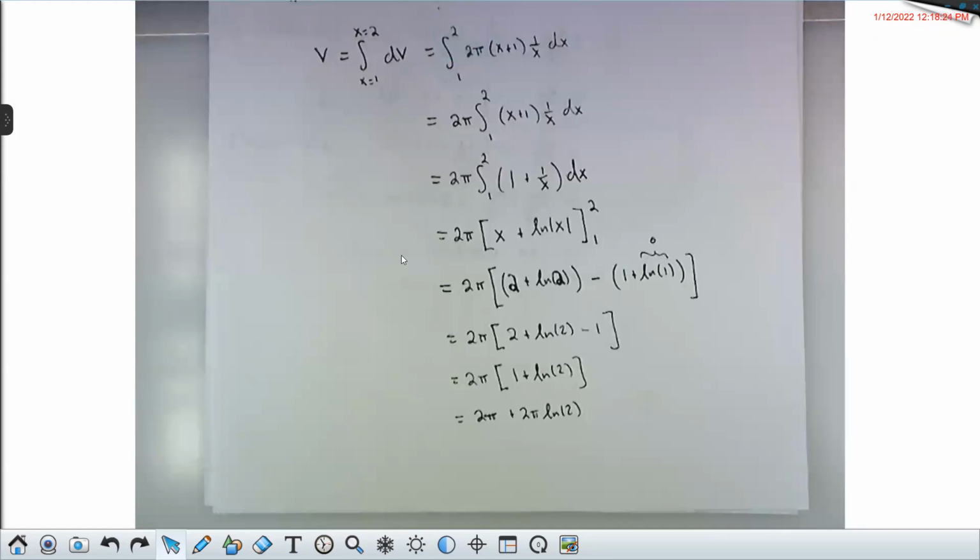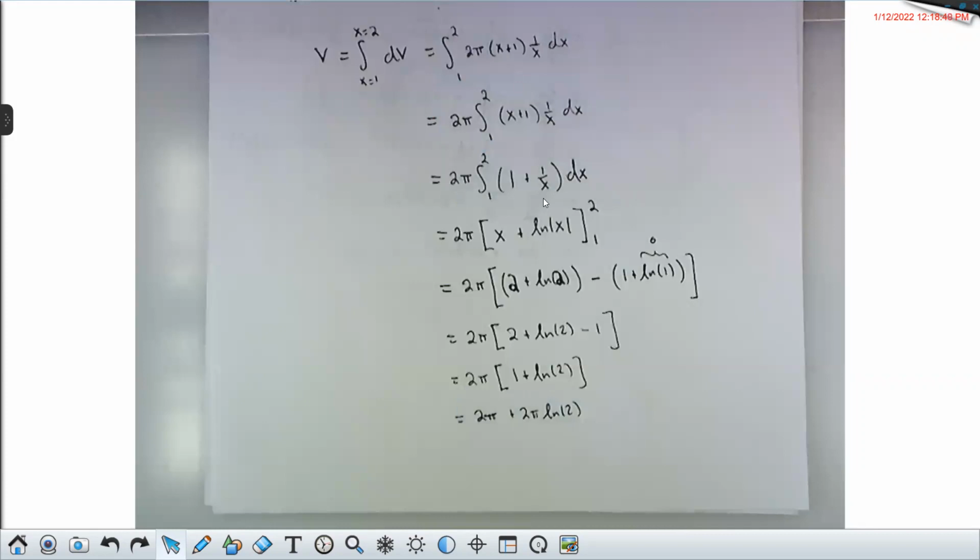To climb Everest, you don't climb Everest at once. You just take the next step, and then the next step, and then the next step. You don't need to know that the answer is 2 pi plus 2 pi natural log of 2. You just need to know that to go forward from here, you distribute the 1 over x. And to go forward from here, you find an antiderivative, and so on. Okay.